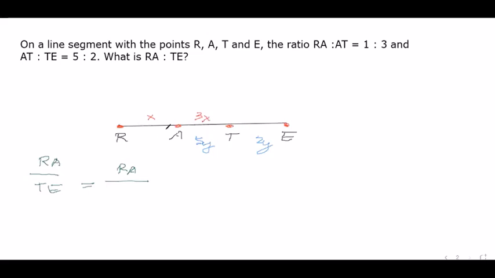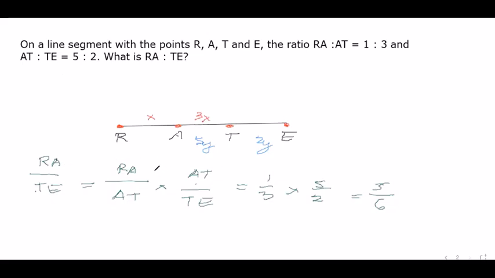RA over AT, divide by AT, and multiply by AT so that the fraction remains the same, and leave that denominator intact. Now RA over AT, we already know what it is. It's 1/3. And AT over TE is 5/2. So this is 5/6.